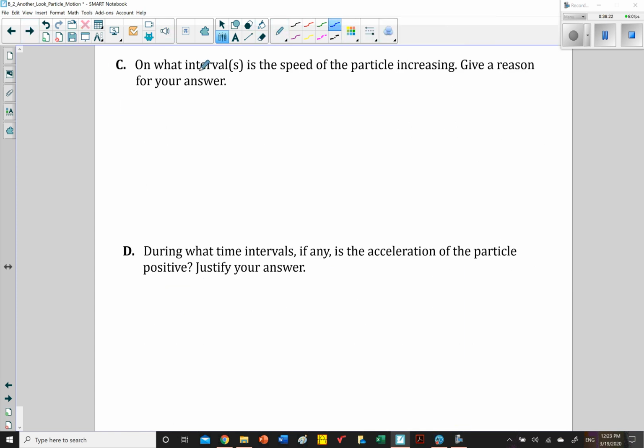What interval is the speed increasing? Increases on intervals 9 to 11, because velocity is positive and increasing.